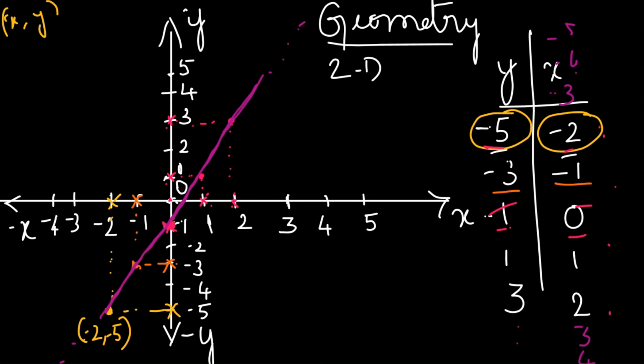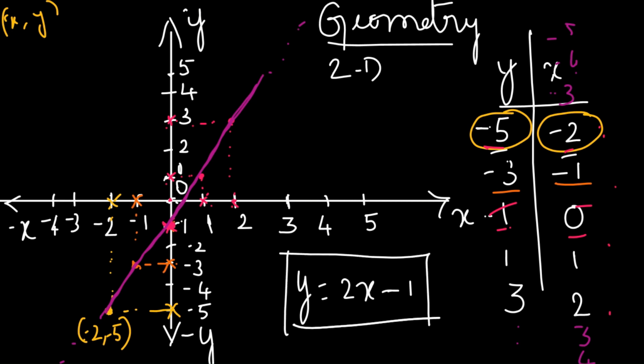And what we can say here is it is nothing but a straight line. So what you have done here is you have drawn a straight line for the equation y is equal to 2x minus 1. So next time somebody asks you, what is this equation of x and y? This is nothing but a line. Okay, it's a linear equation.